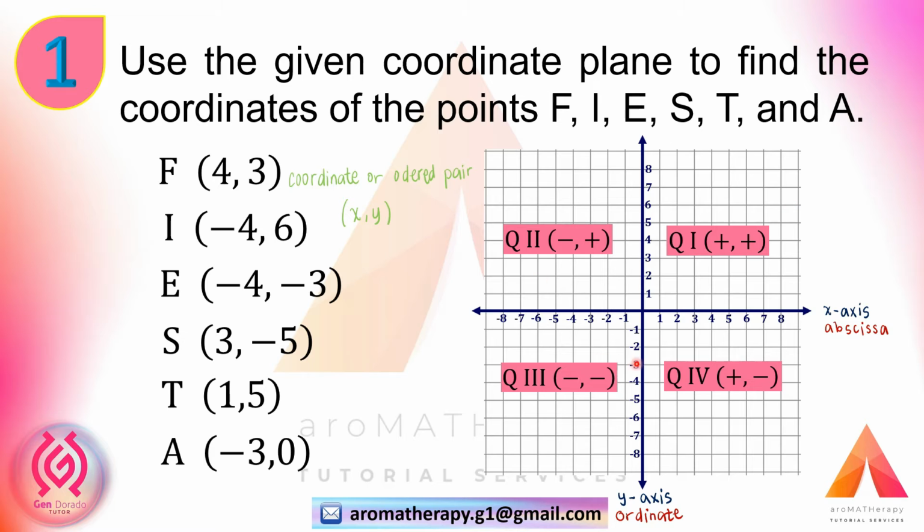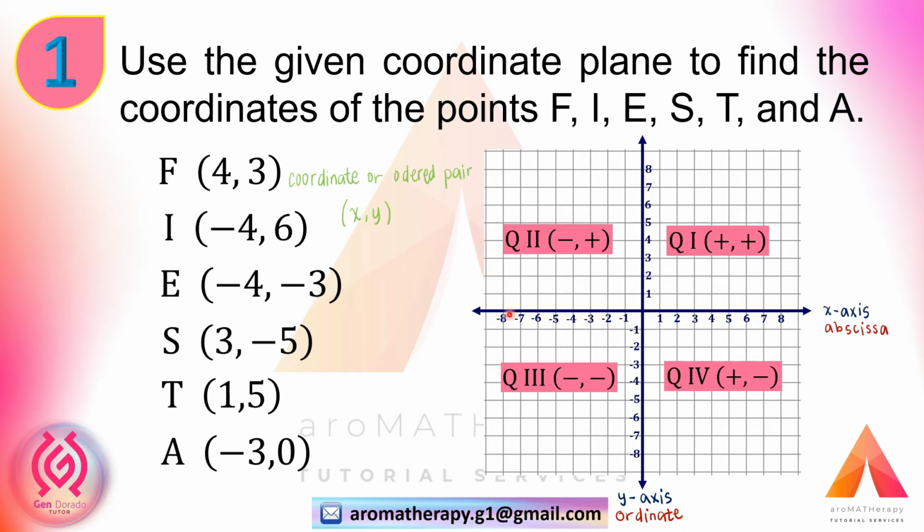Can you follow? So please take note of these quadrants. Quadrant 1, positive, positive. Quadrant 2, negative, positive. Quadrant 3, negative, negative. Quadrant 4, positive, negative. And again, this is your x-axis, yung horizontal. Your y-axis is your vertical. Ayan ha.